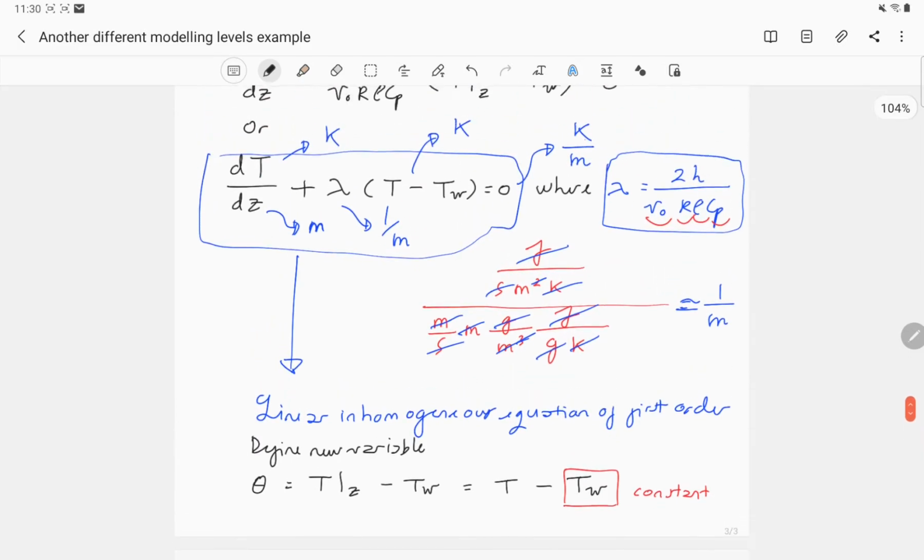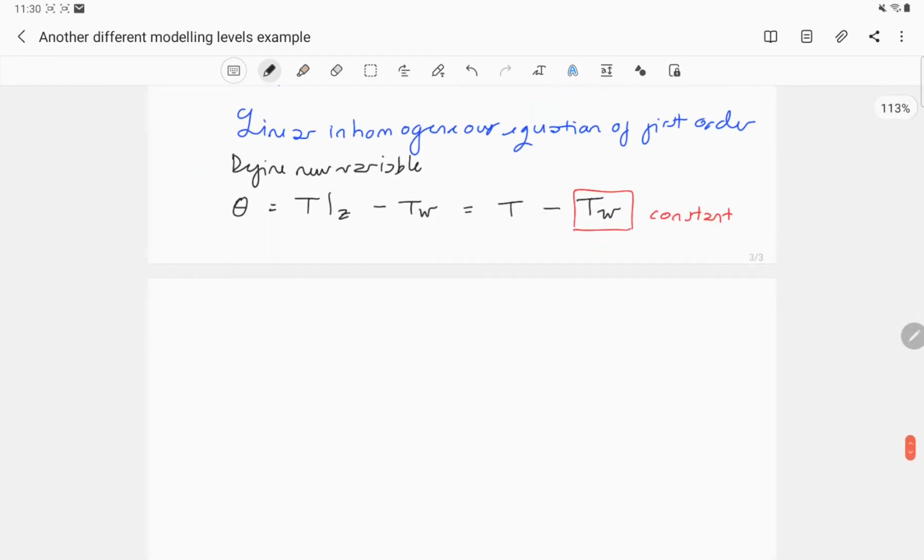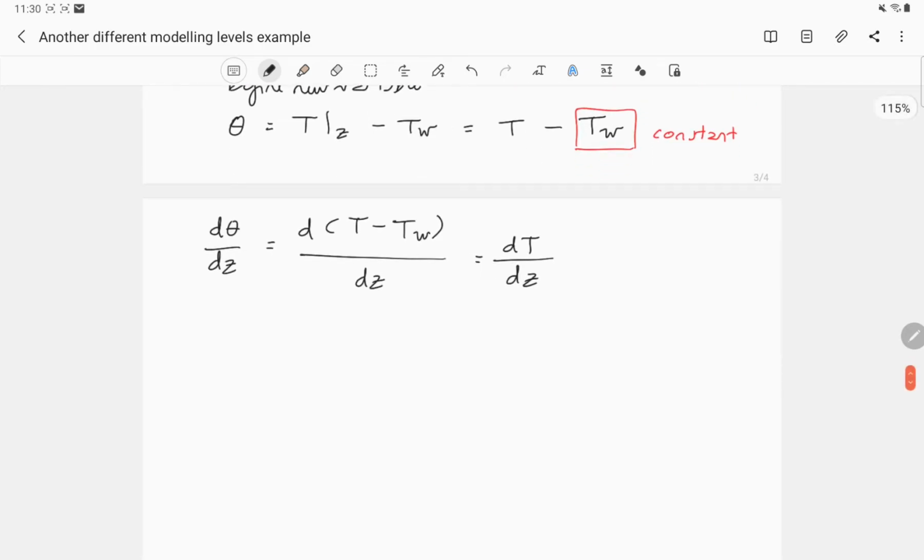Then we can simply change these equations in there with these new variables. So we will have d phi over dz equal to d(T minus Tw) divided by dz, dT over dz, right?